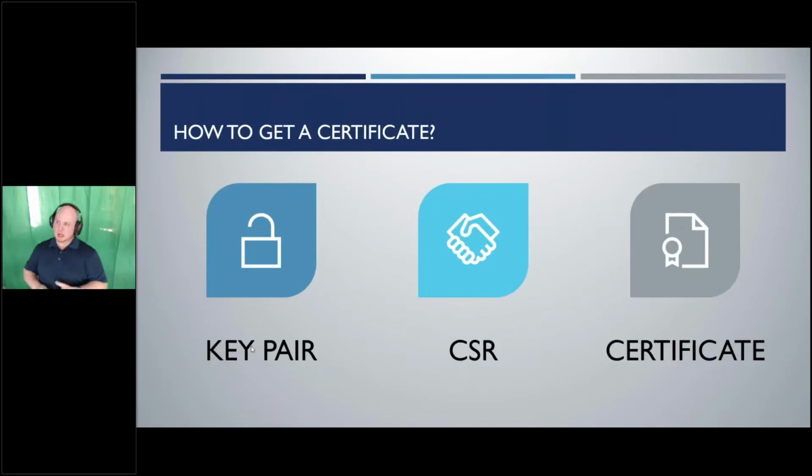This next slide, I wanted to speak about how you actually go about getting a certificate. So you heard me mention earlier that you generate a CSR, a certificate signing request. So what you actually do is you generate a public and a private key pair, and you send it up to that issuing CA. That issuing CA takes a look at its certificate template and says, yep, you've got all the information in here that you need, and it generates a certificate back to you.